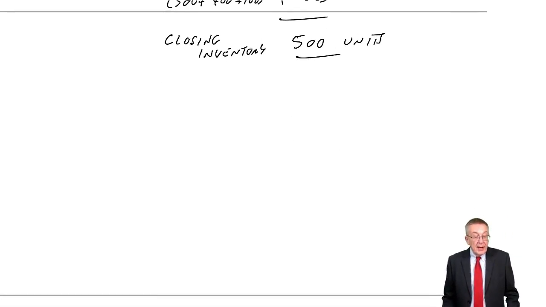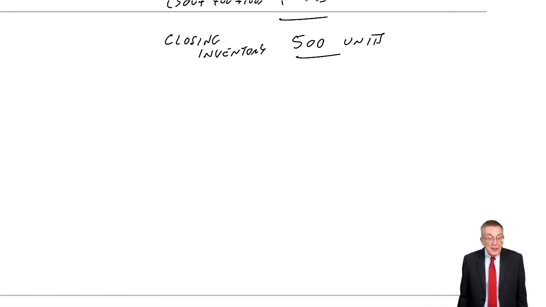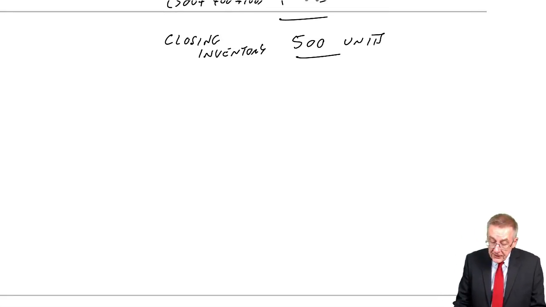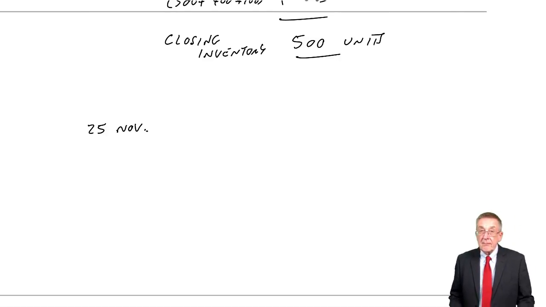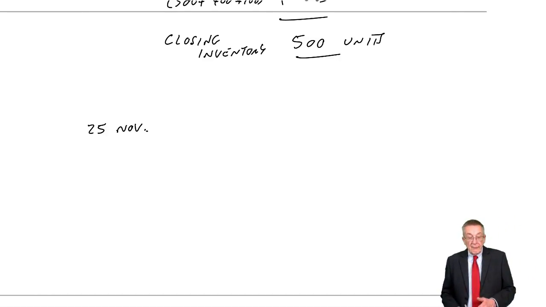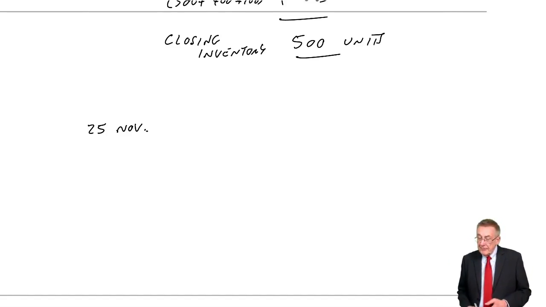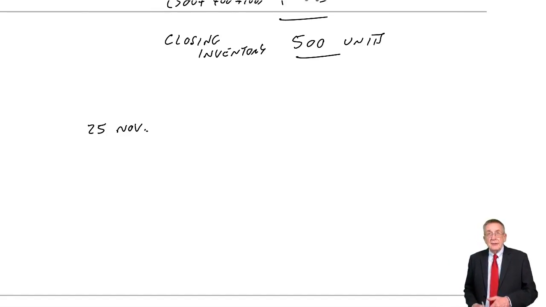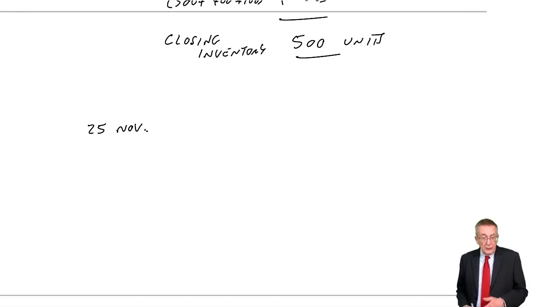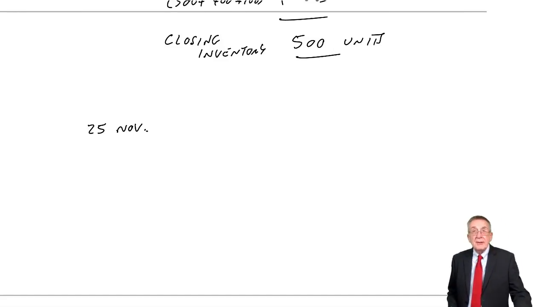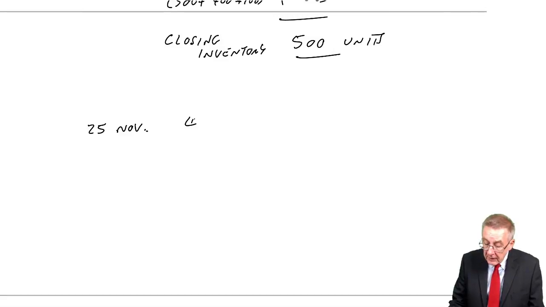And so at the end of November, when was the most recent purchase? Look at the list of purchases. The most recent one was on the 25th of November. Oh, now we bought 400. We've got a problem here. We've got 500 left. So all 500 can't have been bought on 25th of November. We assume 400 of them were.